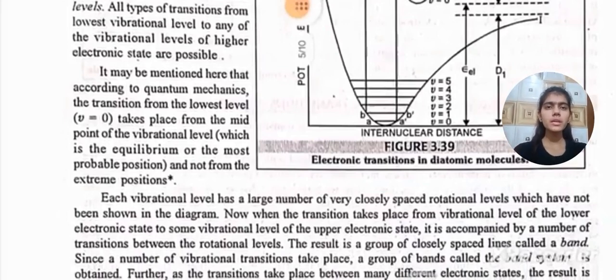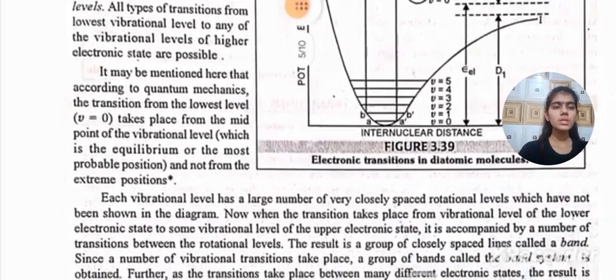It may be mentioned here that according to quantum mechanics, the transition from the lowest level takes place from the midpoint of the vibration level, which is the equilibrium or the most probable position, and not from the extreme positions. Each vibrational level has a large number of very closely spaced rotational levels which have not been shown in the diagram.